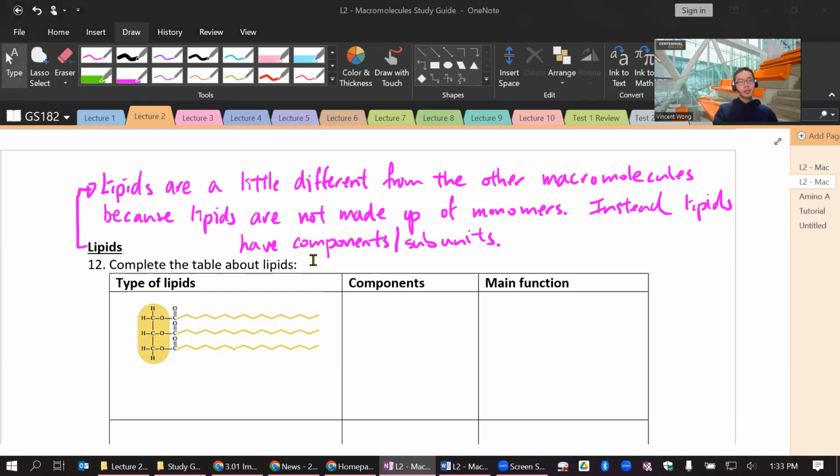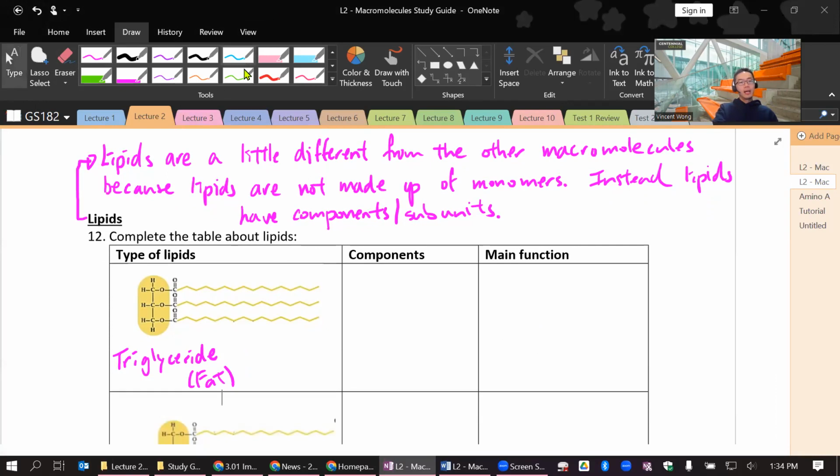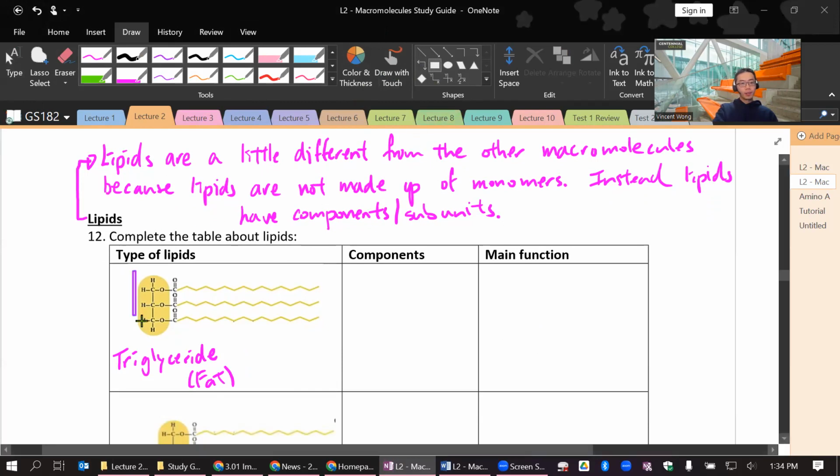So we have different types of lipids here. The first one is fat, or triglyceride. That's the fancy name for fat. And there are different components in the fat molecule. There is this part of the molecule that is called the glycerol.